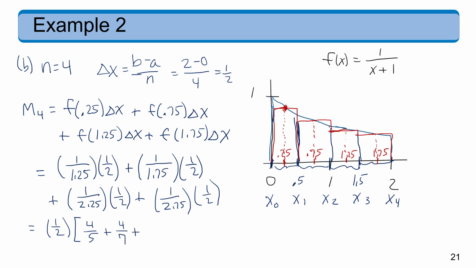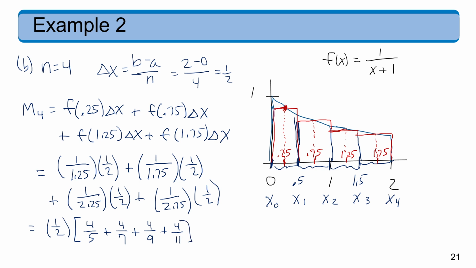The next one, 2.25, is 9/4. We have the reciprocal of that, 4/9. And then 2.75 is 11/4. We have the reciprocal of that, so 4 over 11.